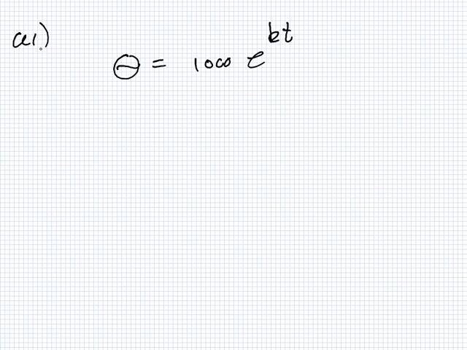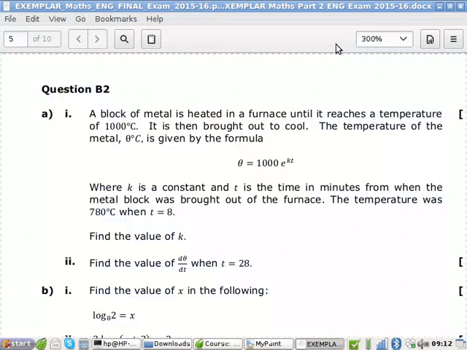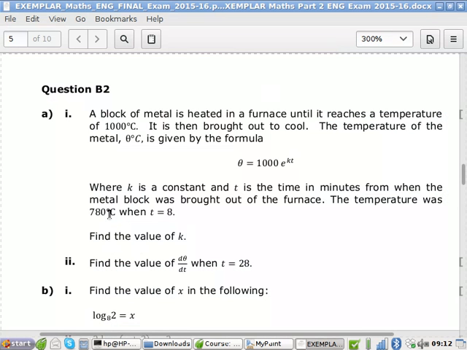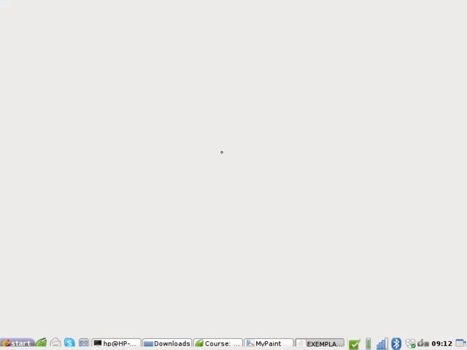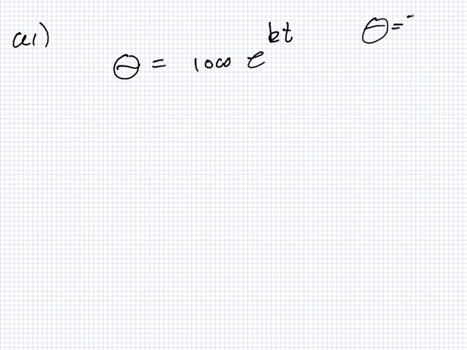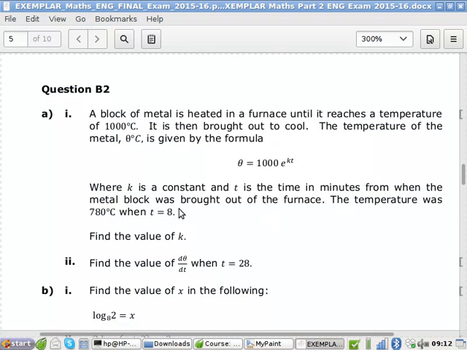It's actually a bad example that they wrote because they should really have had something like plus 20 at the end, but it doesn't matter because it actually makes it a bit easier for you. The temperature was 780 after 8 minutes. So the temperature is 780 and t is 8.